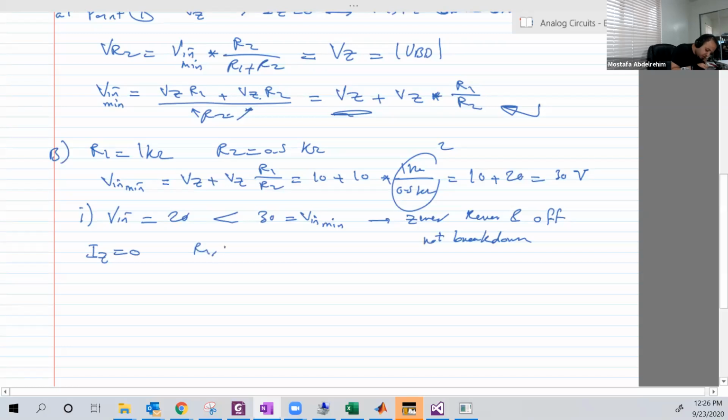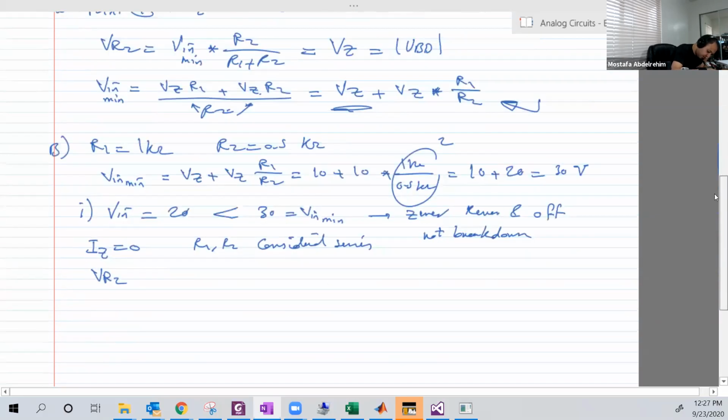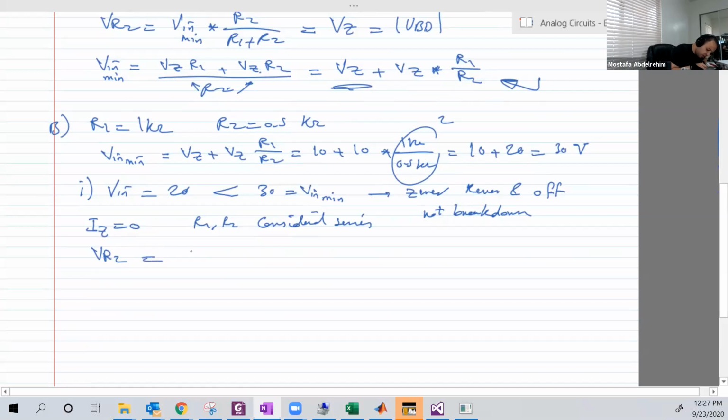So R1 and R2 can be considered in series. So VR2, yes, the one in parallel with the zener, equals V input, which is 20, multiplied by R2, which is half, over 1 plus half.